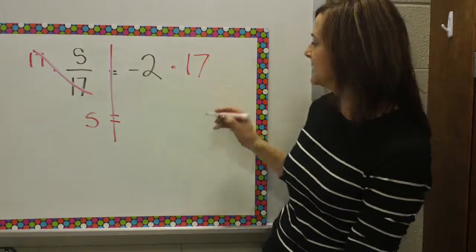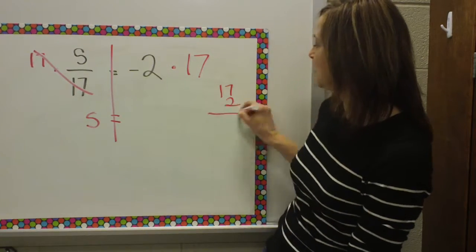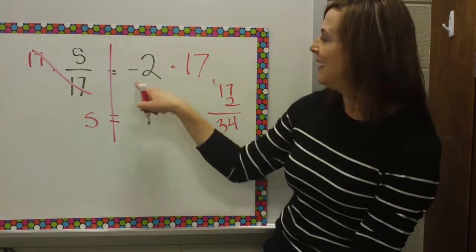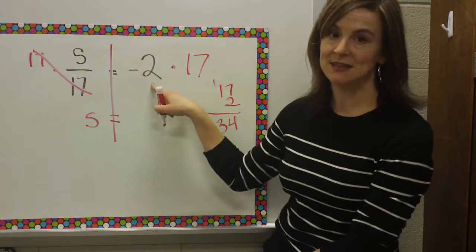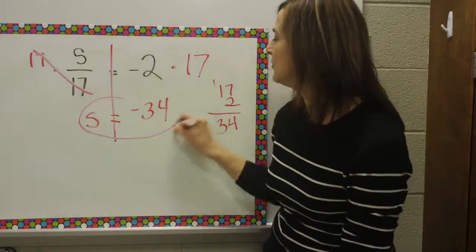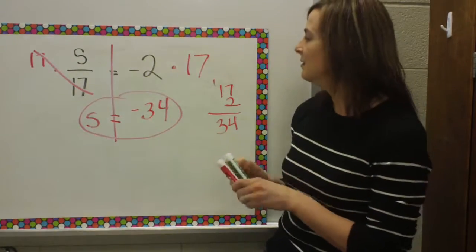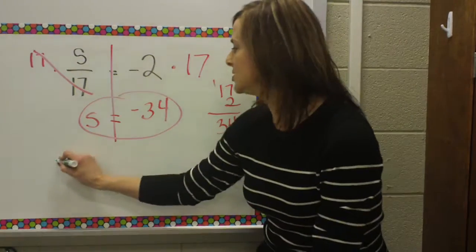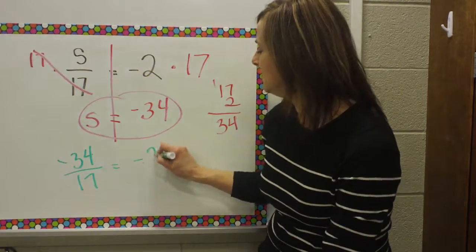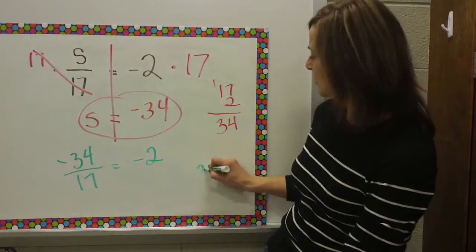This cancels out, and I'm left with an s. Negative 2 times 17 is going to be 34. Let me show you. It is. I have different signs. Same signs positive, different signs negative, so s equals negative 34. Last step, plug it in to check. Negative 34 divided by 17 should give me negative 2.